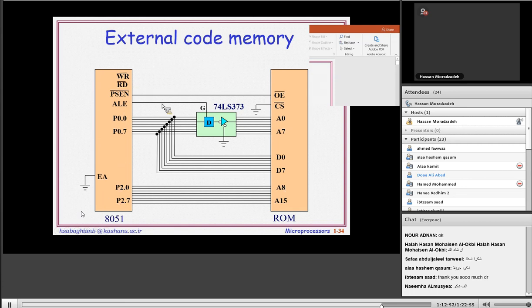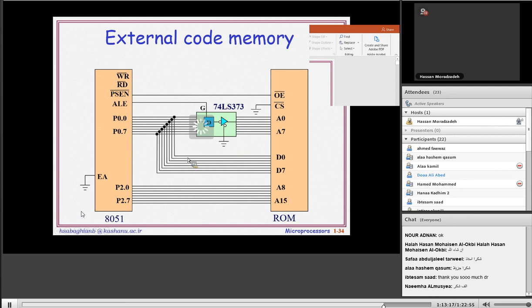We had external code memory in the previous slide, that means interfacing with RAM. But in the next slide, external data memory, that means handshaking with RAM. Program store enable isn't used; instead of it we use read bar and write bar.